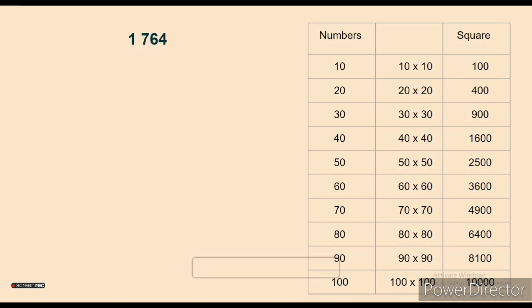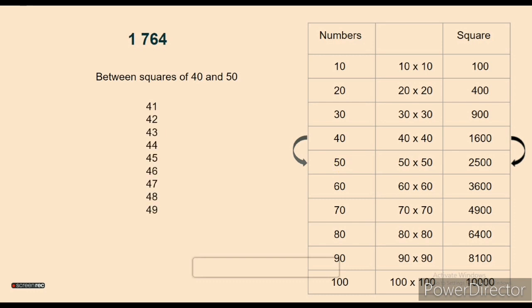Now, we will find where it lies in the square table. Observing the table, we got that 1764 will lie between 1600 and 2500, which are the squares of 40 and 50 respectively.